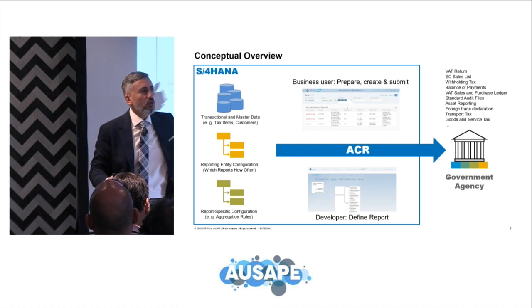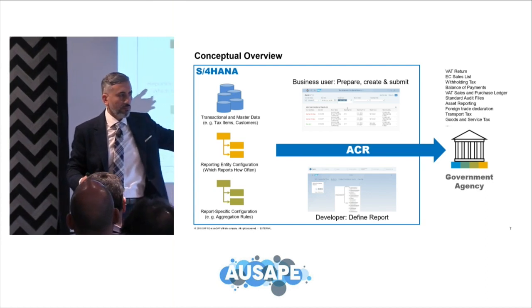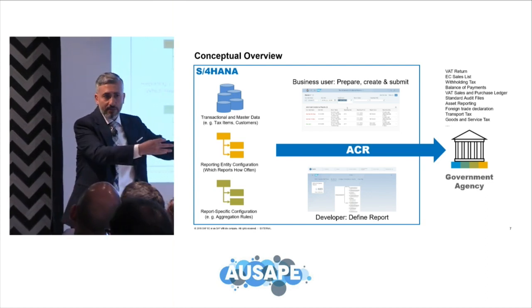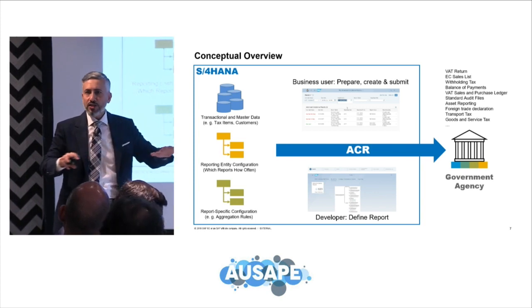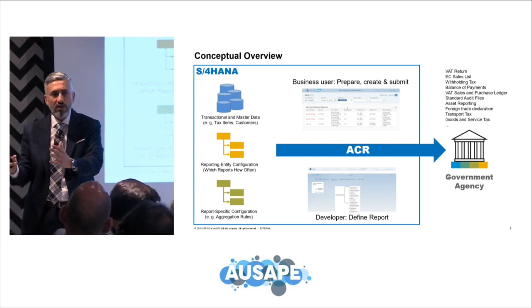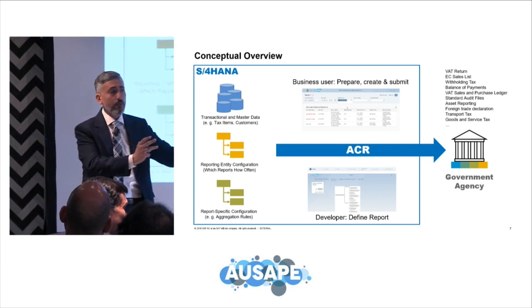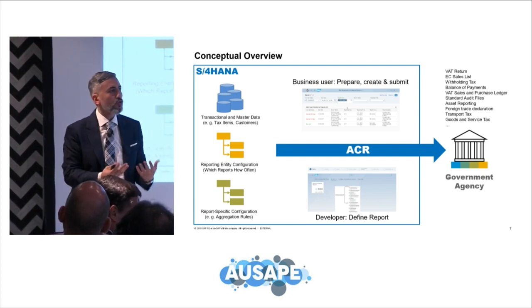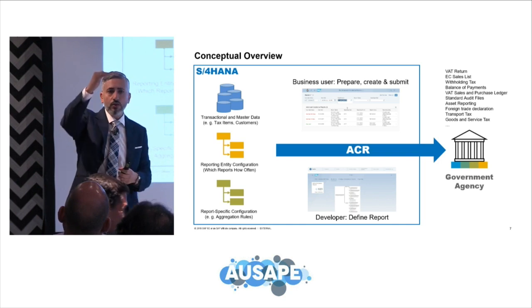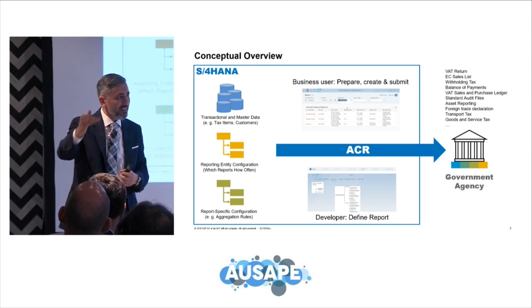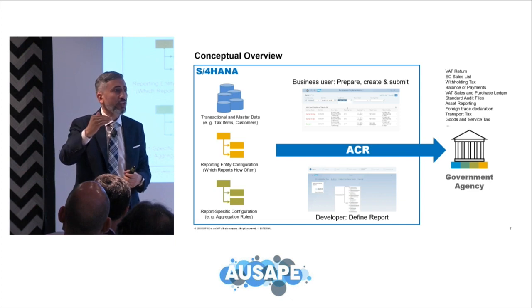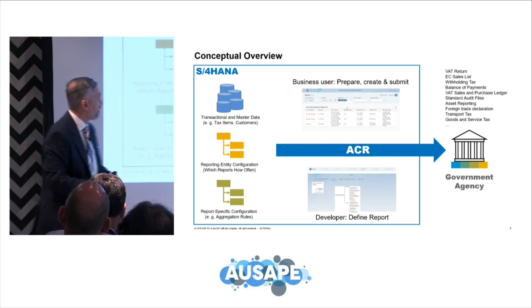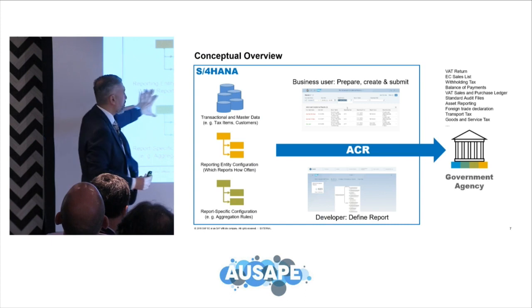Or each company could have an individual registration, or even more complex. So with these variations of how the organization is structured versus the way I need to report, you need a flexible tool that can help you generate this report either at group level or entity level, or company level, or even division level. This is what we call the reporting entity.